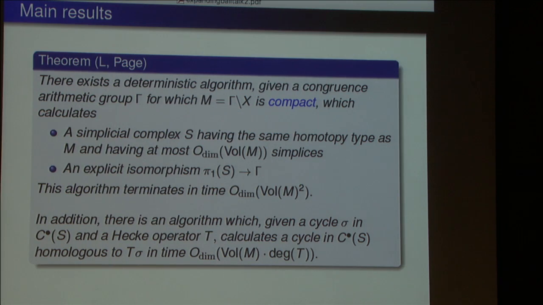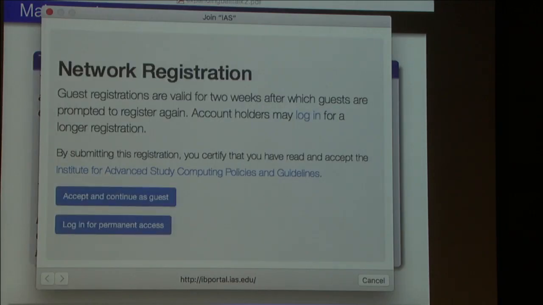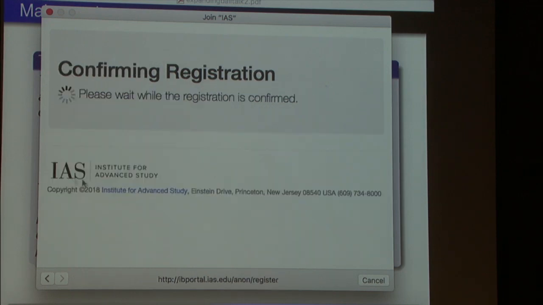I spoke about this result at the IAS workshop in November.